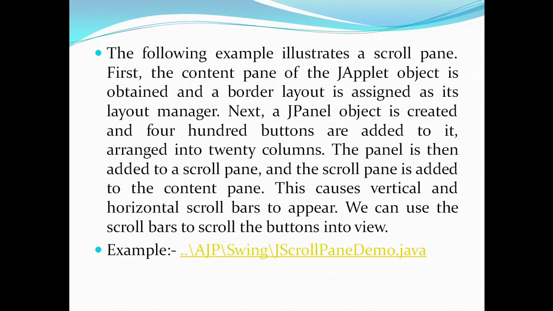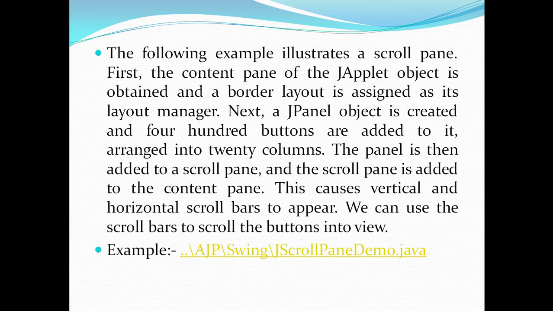Consider an example. The following example illustrates a scroll pane. In this example, first the content pane of the JApplet object is obtained and a border layout is assigned as its layout manager. Next, a JPanel object is created and 400 buttons are added to it, and these buttons are arranged into 20 columns.